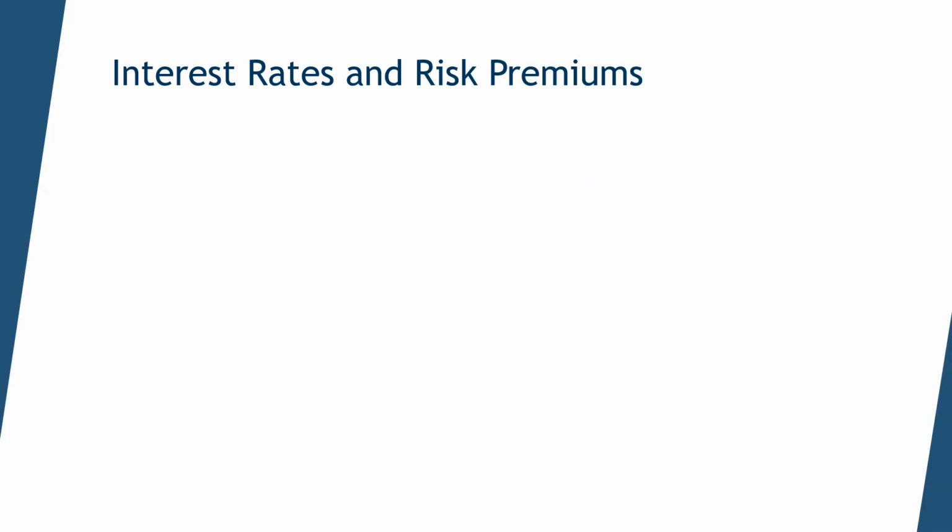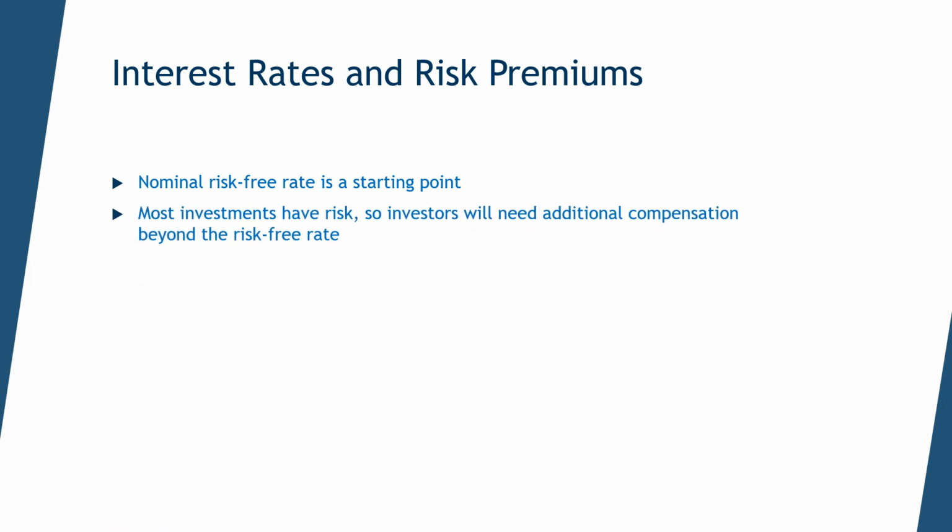So let's think about risk premiums for a second. The nominal risk-free rate is our starting point. It's our baseline. But from there, we need to adjust for the risk of the investment. So anything that's beyond a risk-free investment is going to require some degree of additional compensation.